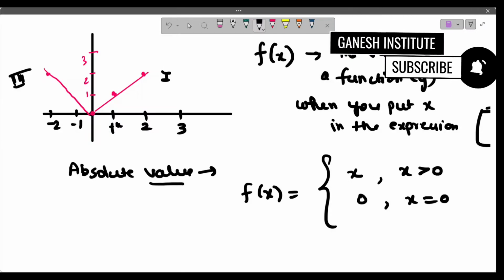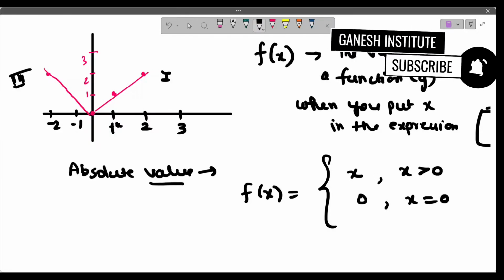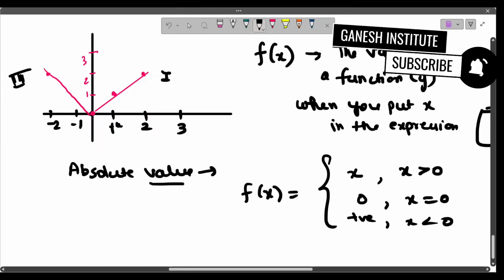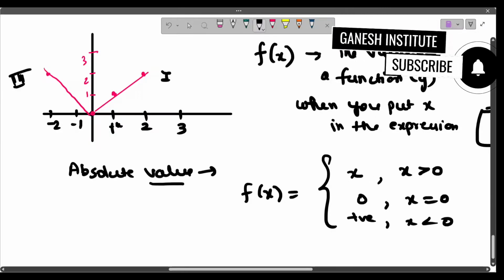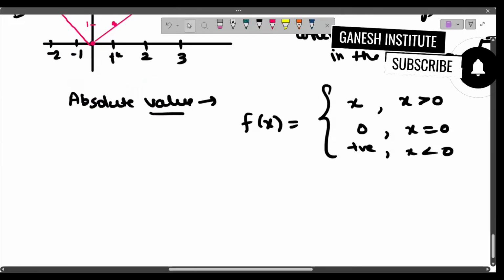And even if you substitute any negative x, that will also give me what? Positive values. Yes or no? Yeah. Then we have a constant function.